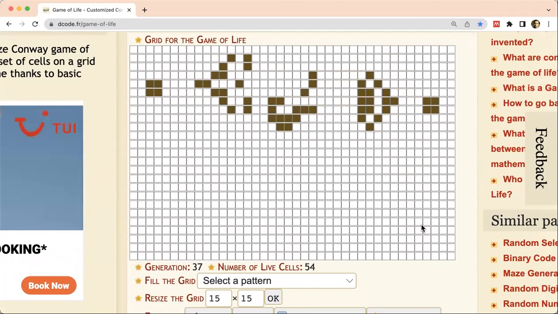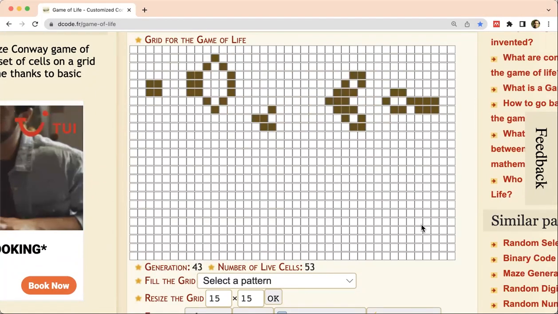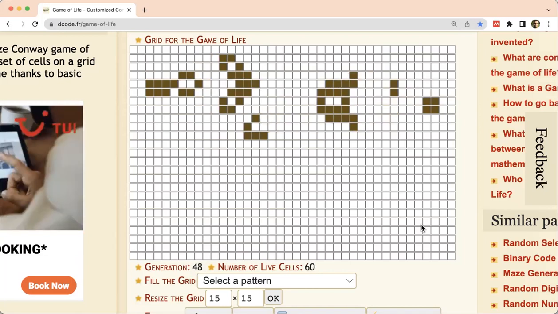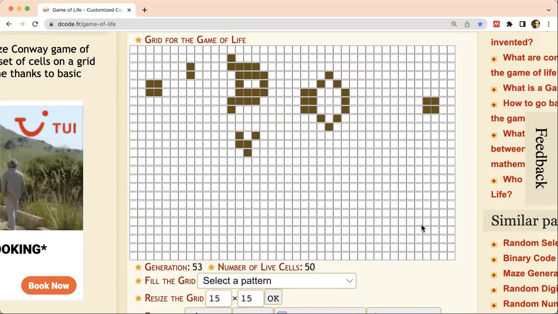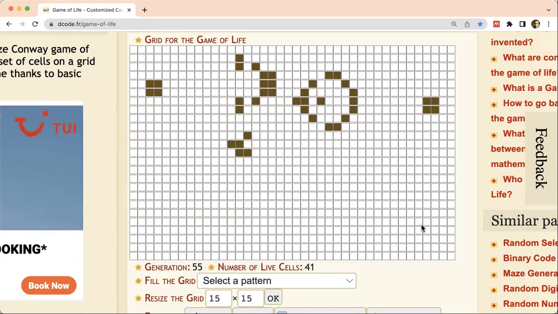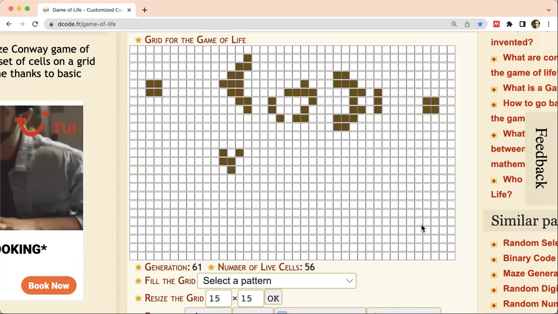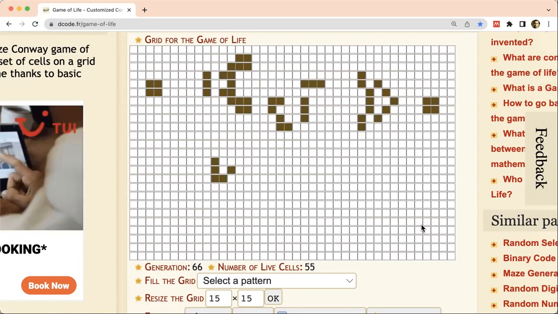So there is another structure that just separated from them, and it's going to slowly migrate from the right to the bottom left. It is just mesmerizing to watch this. As I said, it's quite addictive.